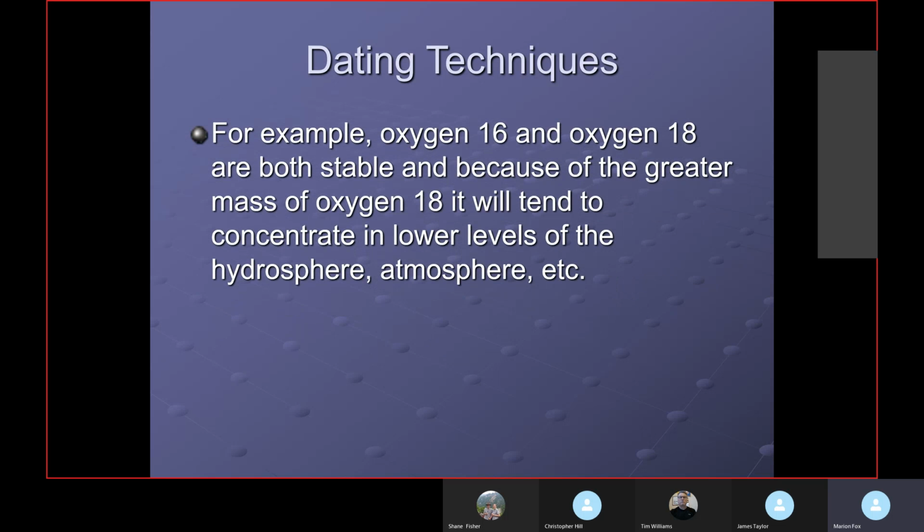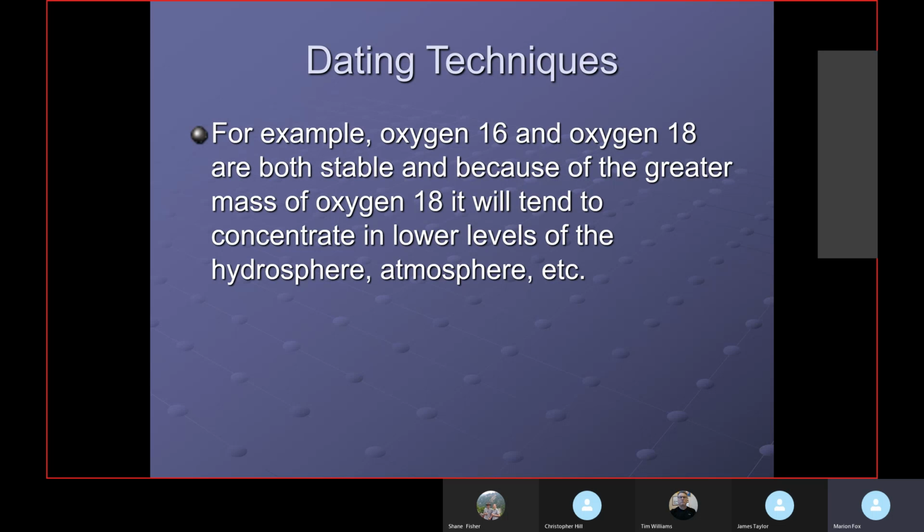Oxygen 16 and oxygen 18 are both stable because of the greater mass of oxygen 18. That is, it has 18 particles in the nucleus versus oxygen 16 with only 16 particles. And it will tend to concentrate in lower levels of hydrosphere, water sphere, and atmosphere.